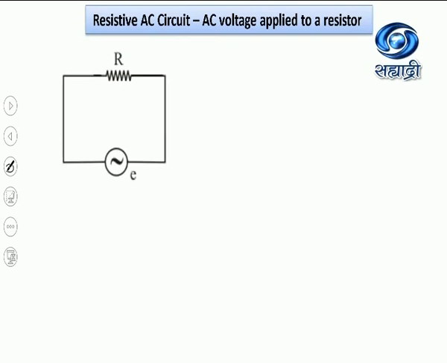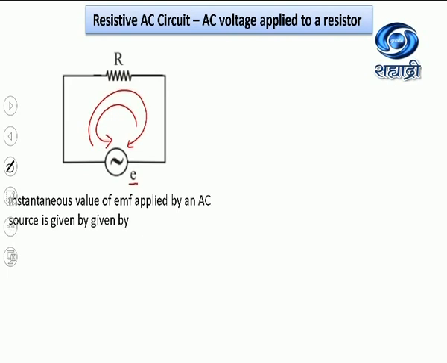So, a simple diagram: the source of alternating EMF whose instantaneous value is E is applied across the resistor. In one half cycle of AC, current will flow through the resistor in one direction. In the next half cycle, the current will flow through the resistor in the opposite direction.